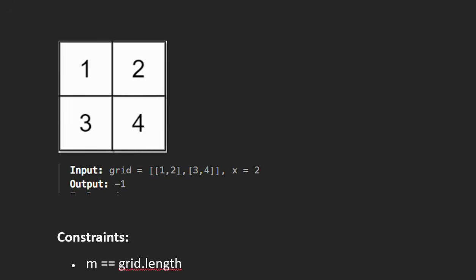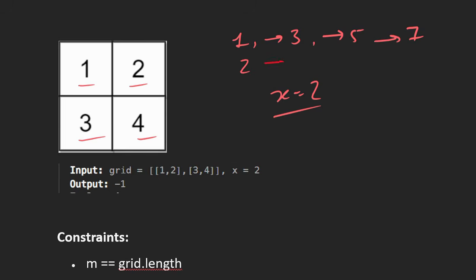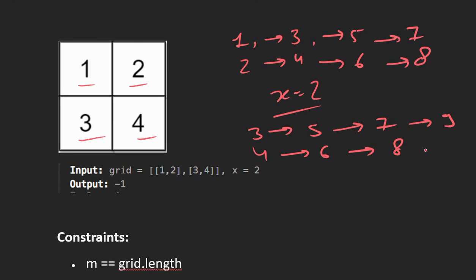In the next example we are given the grid 1 2 3 and 4, and x is equal to 2. So 1 can be converted to 3 5 7, 2 can be converted to 4 6 8, 3 can be converted to 5 7 9, 4 can be converted to 6 8 10, and even 4 can be converted to 2, 0, if we subtract 2. 3 can be converted to 1, -1.